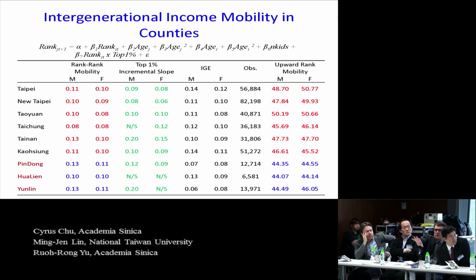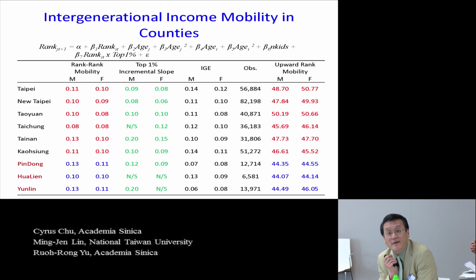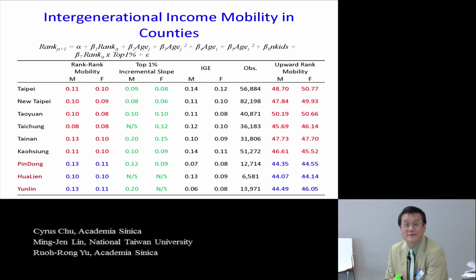Just for clarification, this is based on where the children were when they were 16, that is, where the tax return was filed when the boy was identified.